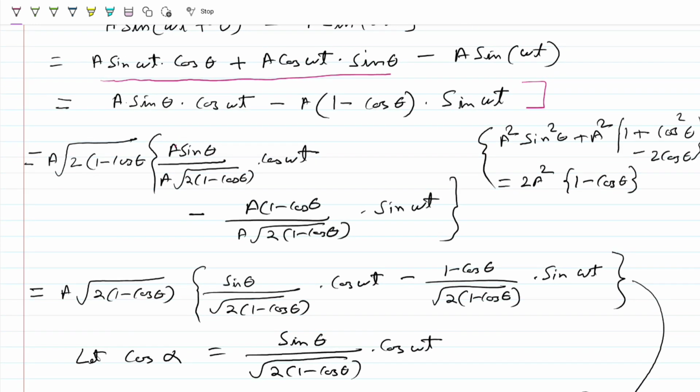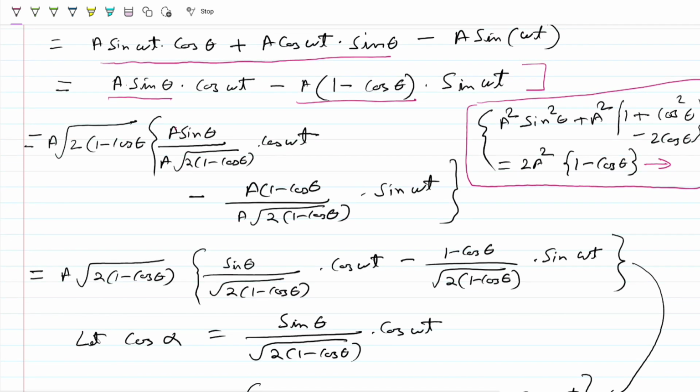And then we want to represent it as a single sinusoidal wave. Then we take the square root of the magnitude of these two components, which is shown here. So a square sine square theta plus a square times 1 minus cos theta whole square, and on simplification this gives 2a square into 1 minus cos theta.